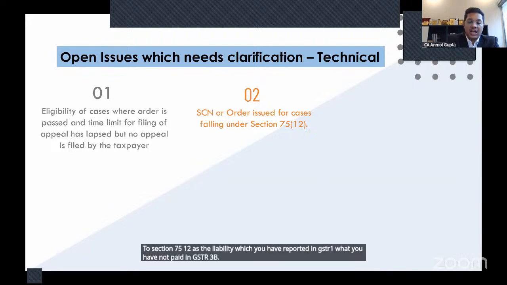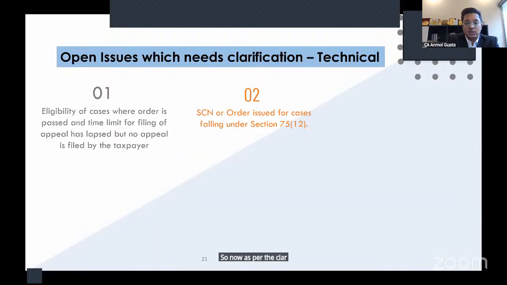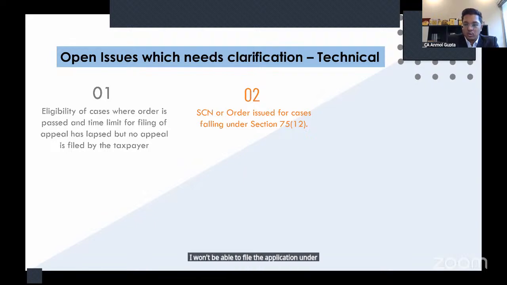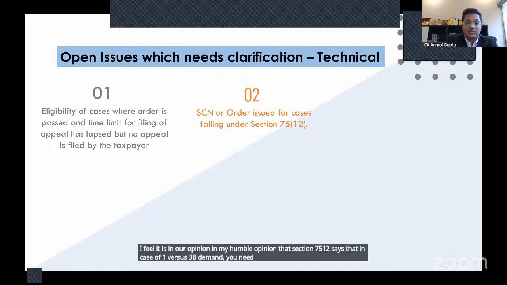So now, as per the clarification, whether for a show cause notice issued on GSTR 1 versus 3B mismatch, I won't be able to file the application under 128A? But no. In my humble opinion, section 75(12) says that in case of a 1 versus 3B demand, you need not go to section 73 or section 74 by way of issuance of any show cause notice or order.